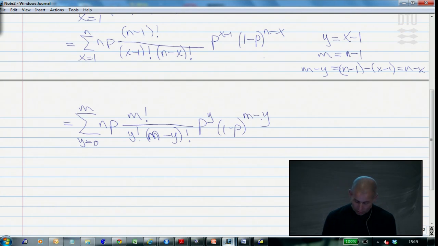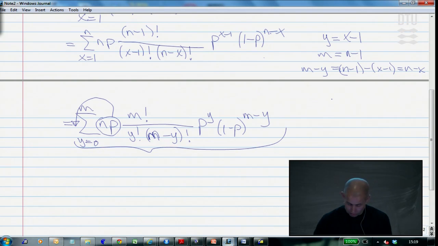And now please note that I should have right away put np outside, because it doesn't depend on y, so we could take it outside the summation sign. And then all the rest is simply a binomial summed from y to m. So all the rest simply becomes 1.